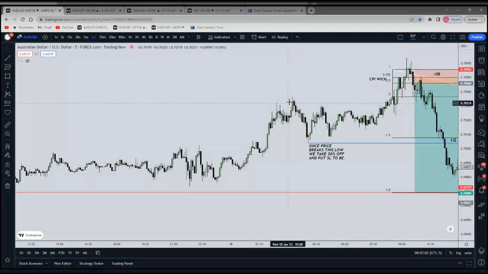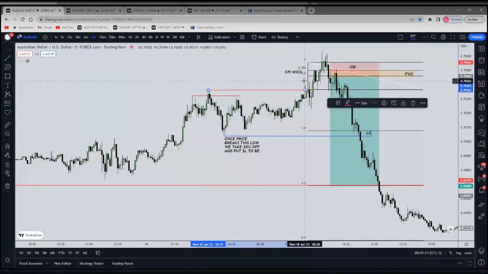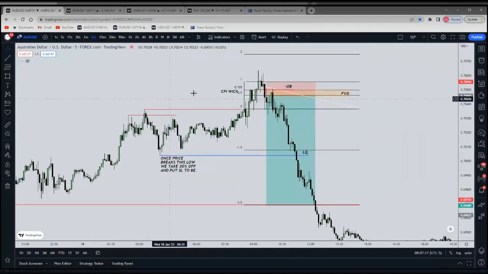This was the first time price took liquidity right here. This is the second time price took liquidity. And then you have a third time, which was the CPI wick, that price took liquidity again. So these are three times that price took liquidity.